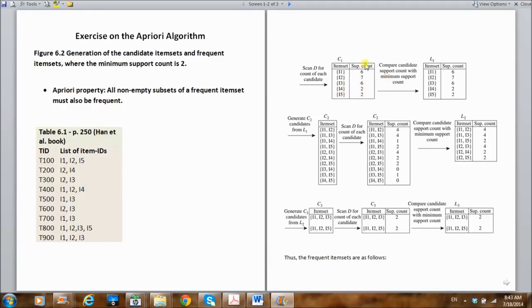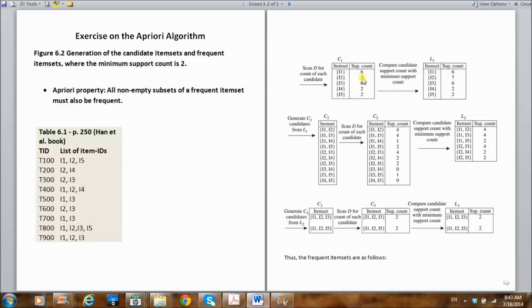Then we need to compare the support count of each candidate item set with the minimum support count, which is set to 2. So 6 is greater than 2, so we include that in our frequent item set.